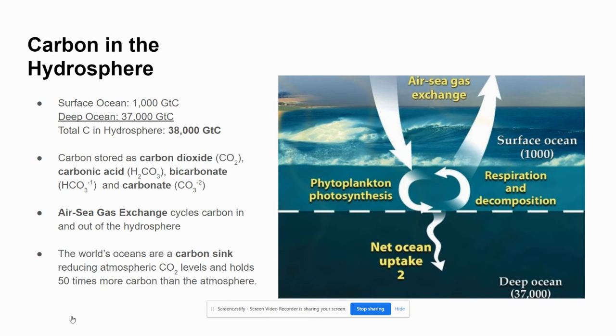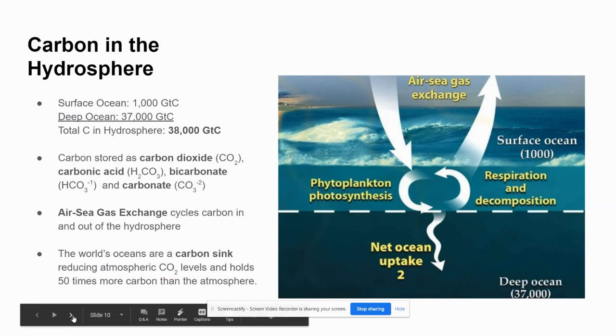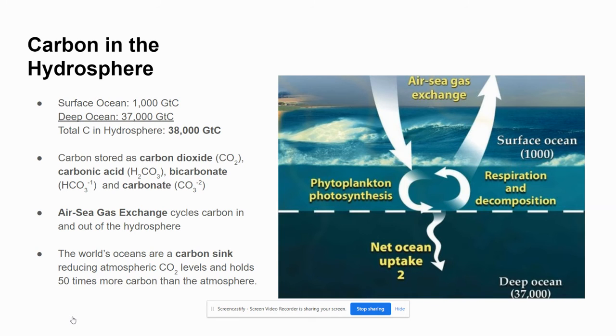So the world's oceans are a carbon sink, reducing the atmospheric carbon dioxide levels and holding 50 times more carbon than the atmosphere. So basically, what it means is that the ocean is our friend and is very important to keep low levels of carbon in the atmosphere, as the carbon is going more into the ocean, the hydrosphere, and the ocean is acting as a huge carbon sink.